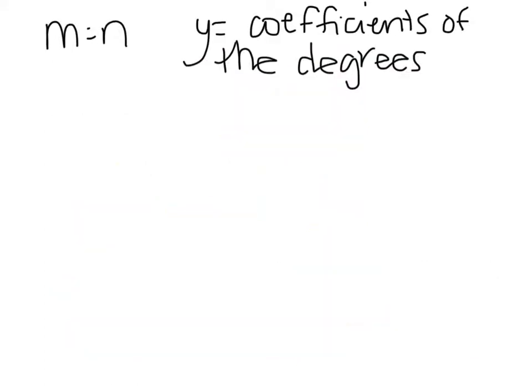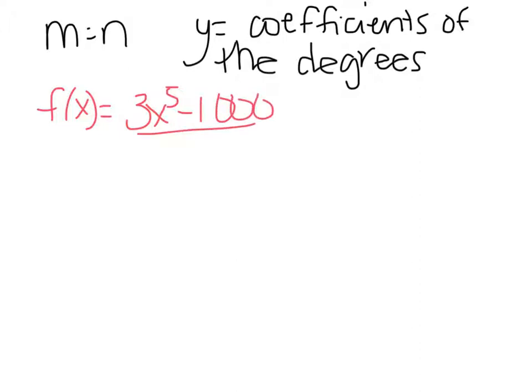The second scenario is when the degrees are the same. If you have m equals n, the coefficients of the degrees would be your horizontal asymptote. Say we have f of x is equal to 3x to the 5th minus 1,000 divided by 2x to the 5th minus 8.